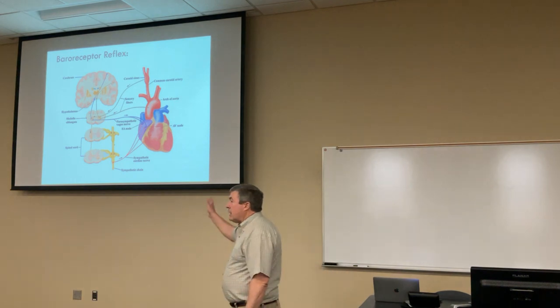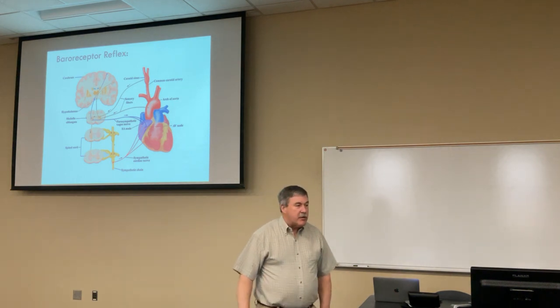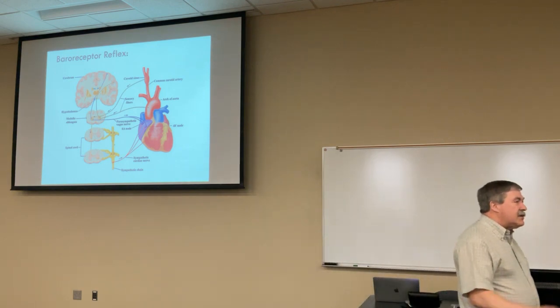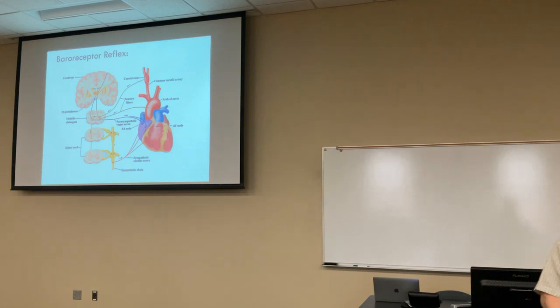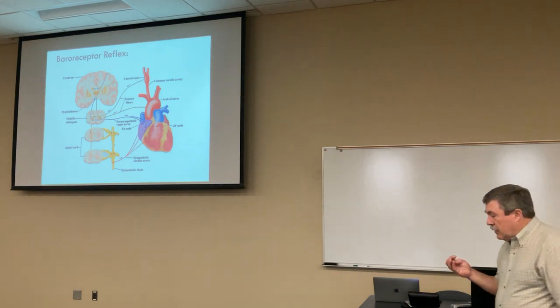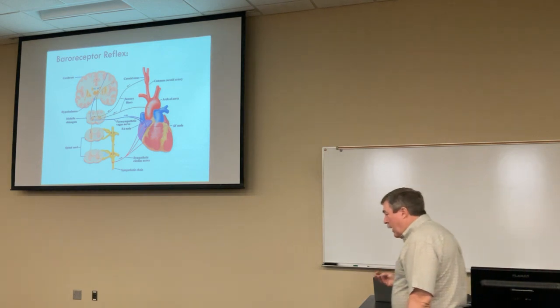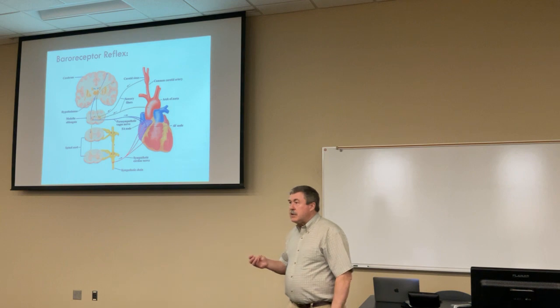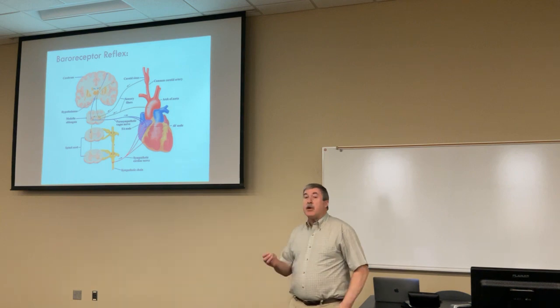Like any negative feedback system, the baroreceptor reflex has sensors. These sensors can detect changes in blood pressure. And there are two different locations where these sensors are found. These sensors are called baroreceptors.